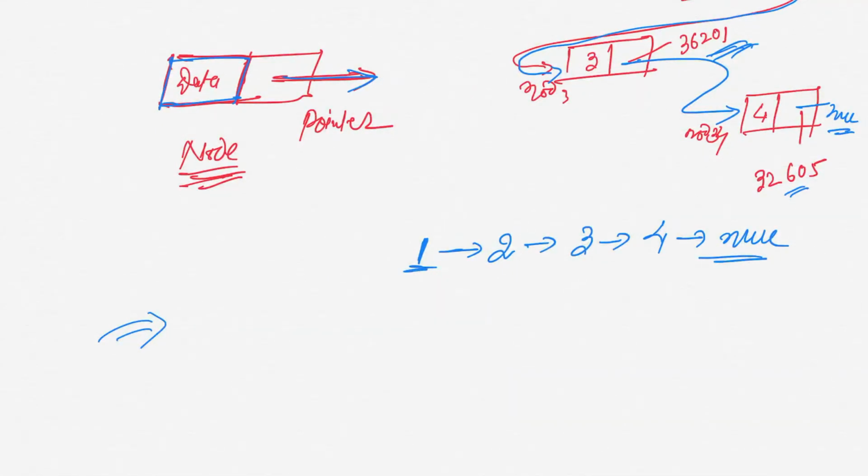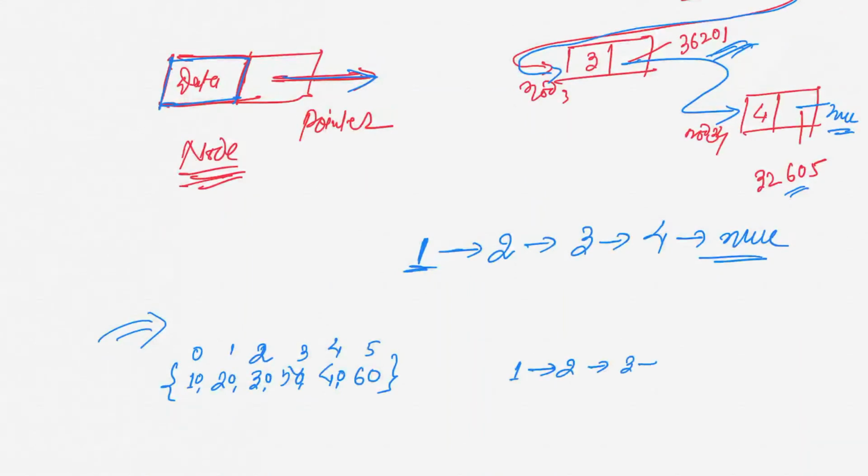For example, you have an array 10, 20, 30, 50, 40, 60, with indices 0, 1, 2, 3, 4, 5, and you have a linked list 1, 2, 3, 4, 5 and null, with positions 0, 1, 2, 3, 4.